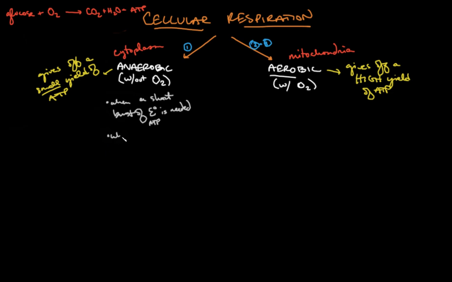Let's say when oxygen is low, like there's not a lot of oxygen left in the cells, or when the environment is low in oxygen, right? So when there's not a lot of oxygen left, there's not a lot to work with. And so you need to make sure that you understand that there are 2 types of anaerobic respiration, and especially when it's not leading into the aerobic respiration, right?